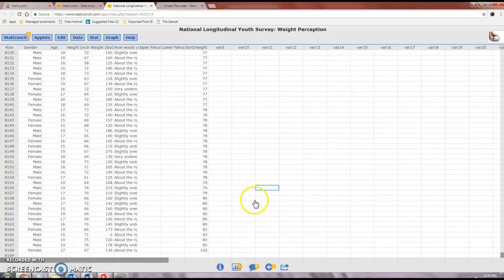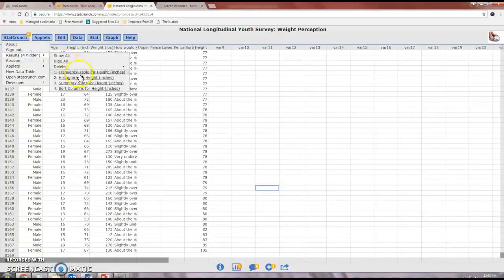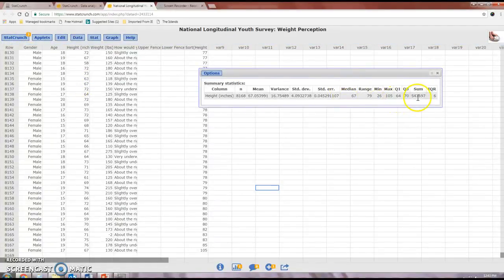Let's go back to the IQR. I believe the IQR was somewhere around here. Yeah, here we have the IQR, 6. Now remember where the IQR came from. The IQR came from Q1 and Q3, the difference between those two, Q3 minus Q1. So what does the IQR tell us? It tells us that 50% of our individuals are between the heights of 64 inches and 70 inches.